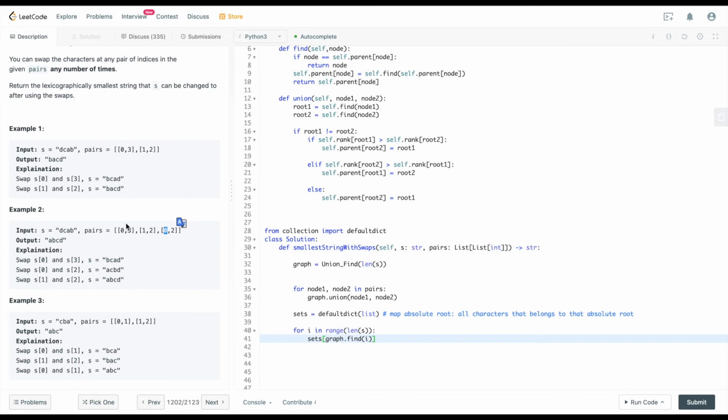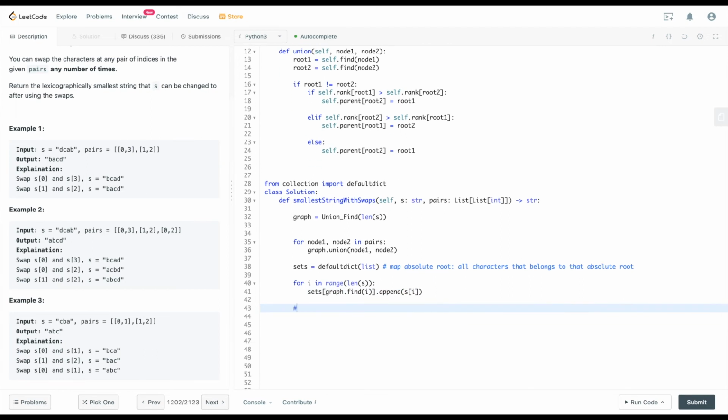So all of these characters are part of this absolute root, and it'll only contain 0 and map to all its characters. Actually we don't want it to equal it, we want it to append s[i] each time, so it can append all the characters to the graph.